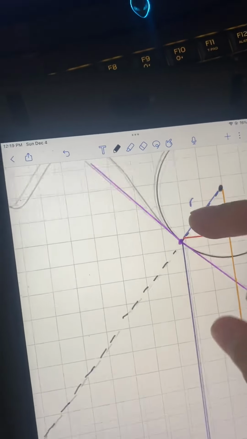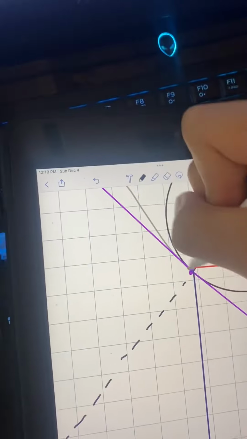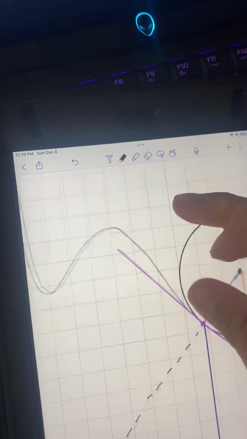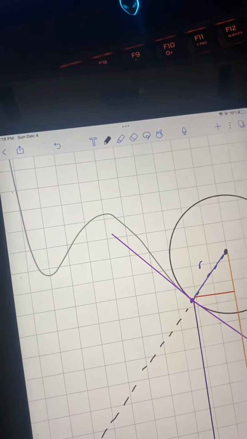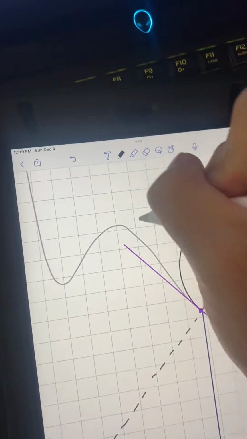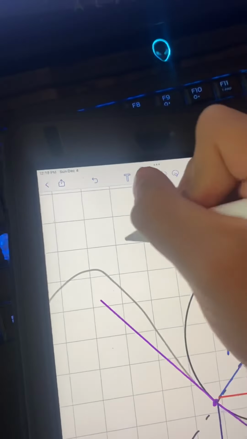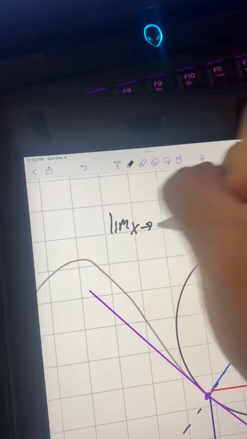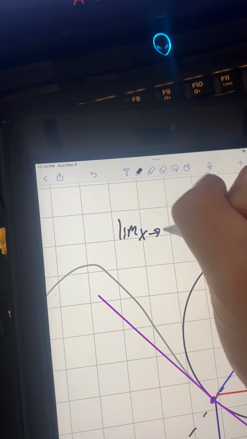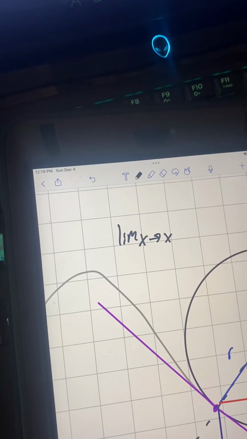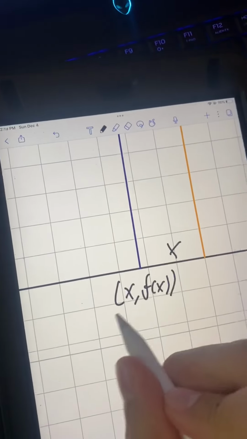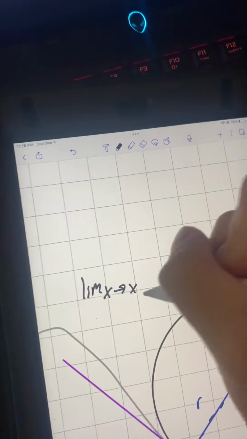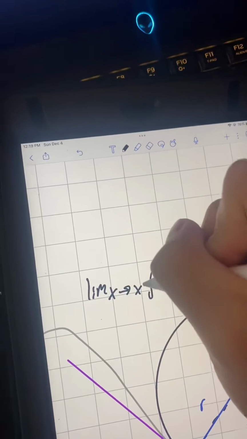So this tangent line is from the derivative of whatever function you had prior, right? So you can just call that the limit as x approaches x of f of x from the negative side.